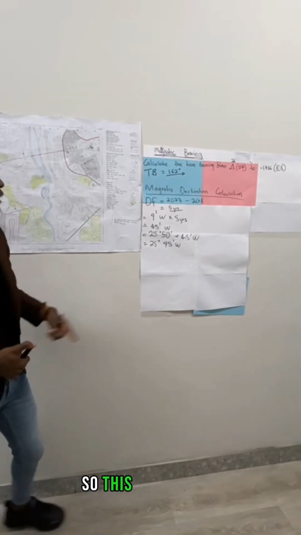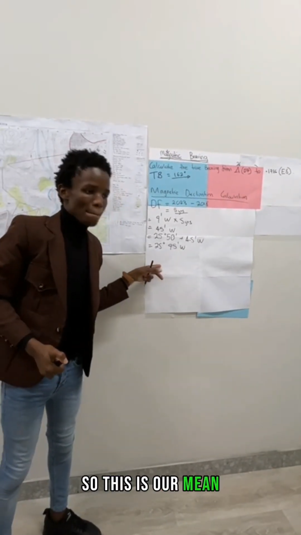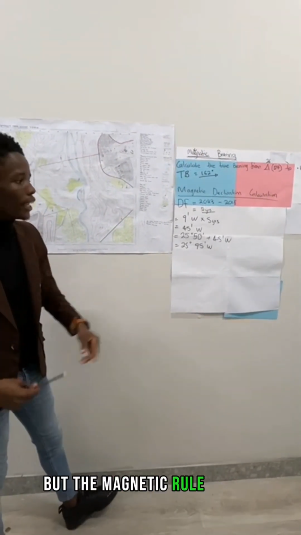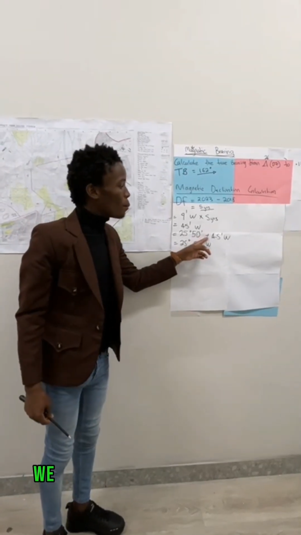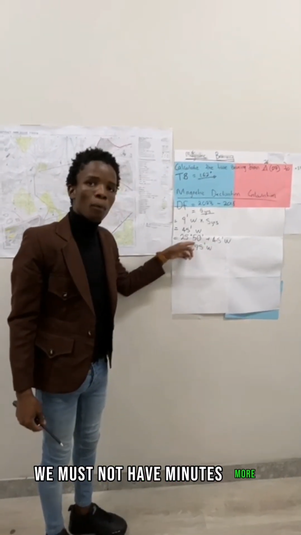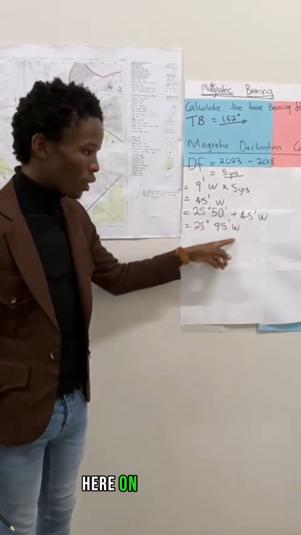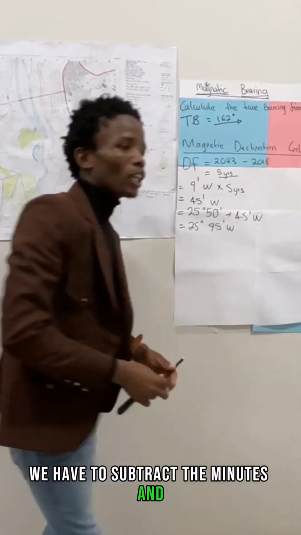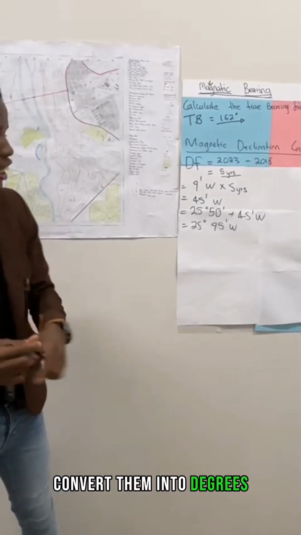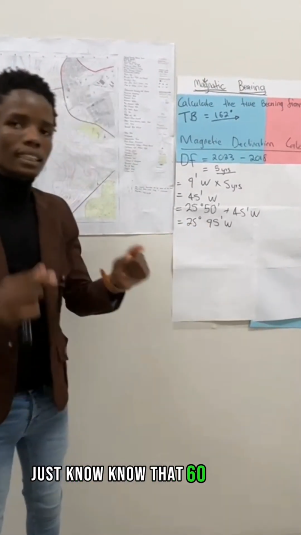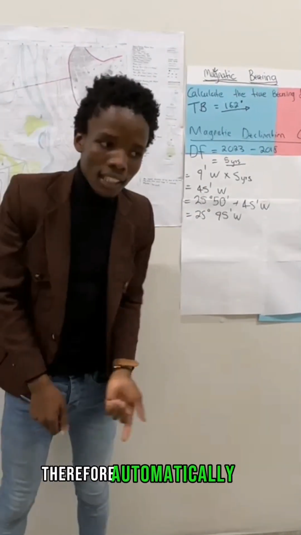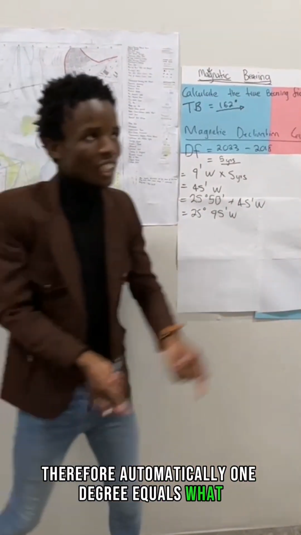So this is our new mean magnetic declination. But the magnetic declination rule says we must not have minutes more than 60. If we have them, we have to subtract the minutes and convert them into degrees. Just know that 60 minutes equals 1 degree. Therefore, 1 degree equals what? 60 minutes.